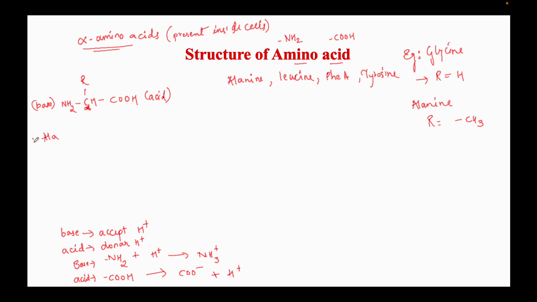So our alanine amino acid, simply we can write, this is the alpha carbon, hydrogen. The valency of carbon is 4. Whenever you are writing any structure, just keep a note that the valency of carbon and nitrogen is satisfied.